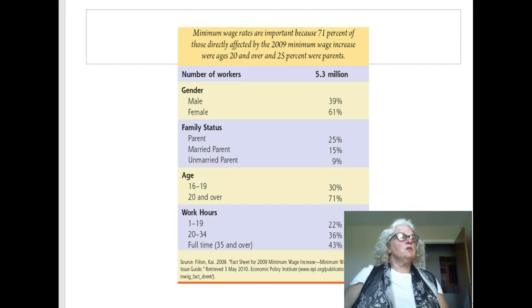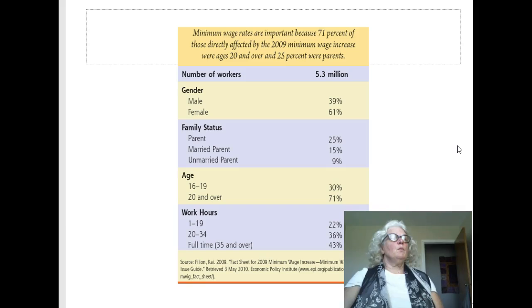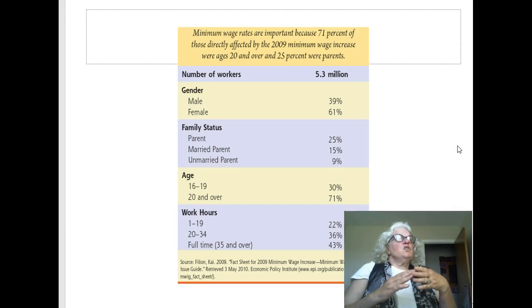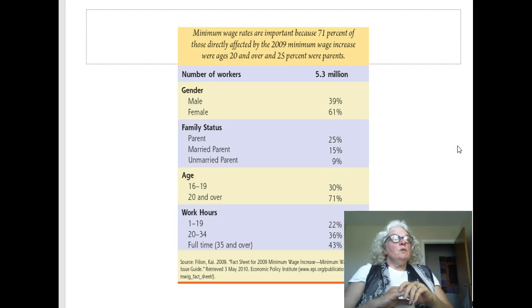It's interesting as we start thinking about that the minimum wage rates are important because 71% of those directly affected by minimum wage increase are ages 20 and over. So it's not those brand new employees out there. It is the generalized population.